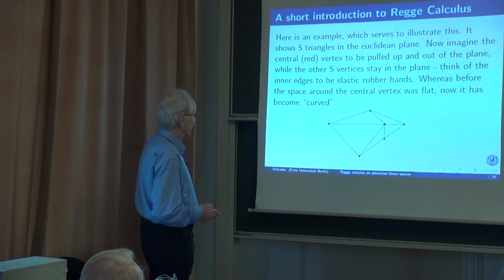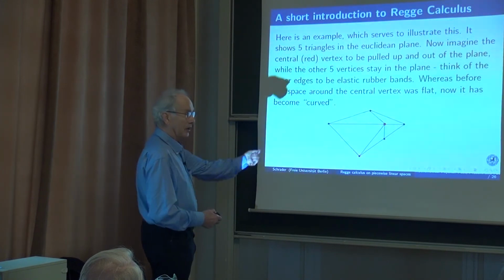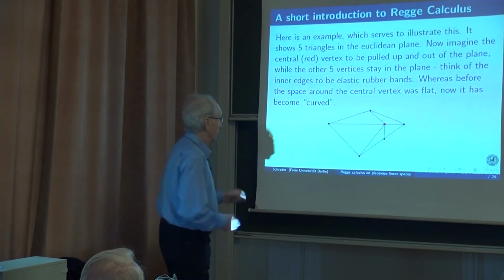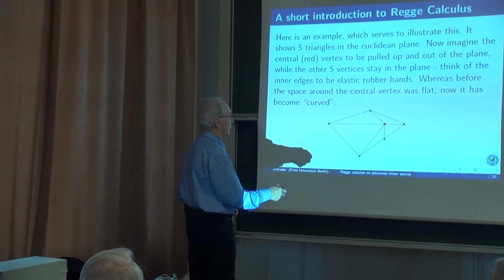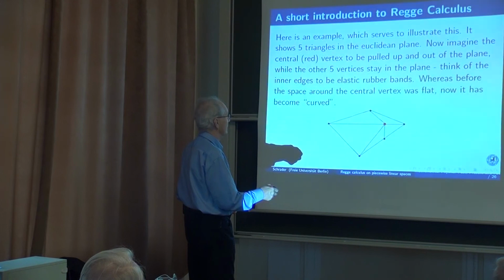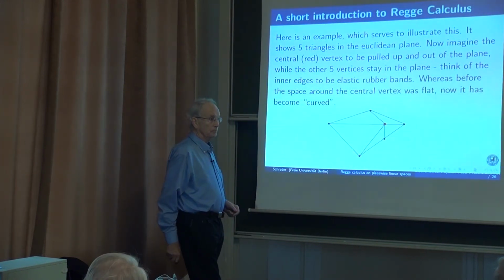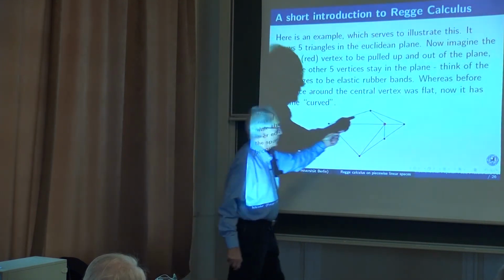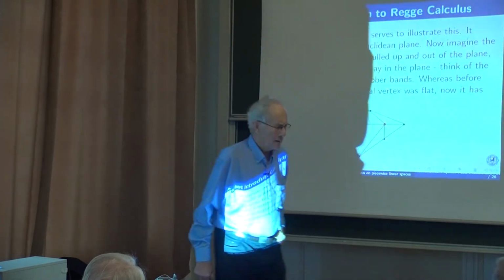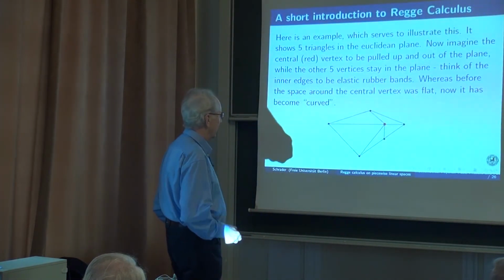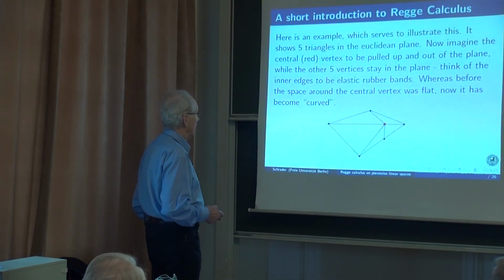And now think of this, that you pull out this red vertex out of the plane. Think of these edges as elastic bands, rubber bands, but you keep these edges in the plane. You just pull it out, and then you would say something has happened. So what has happened?